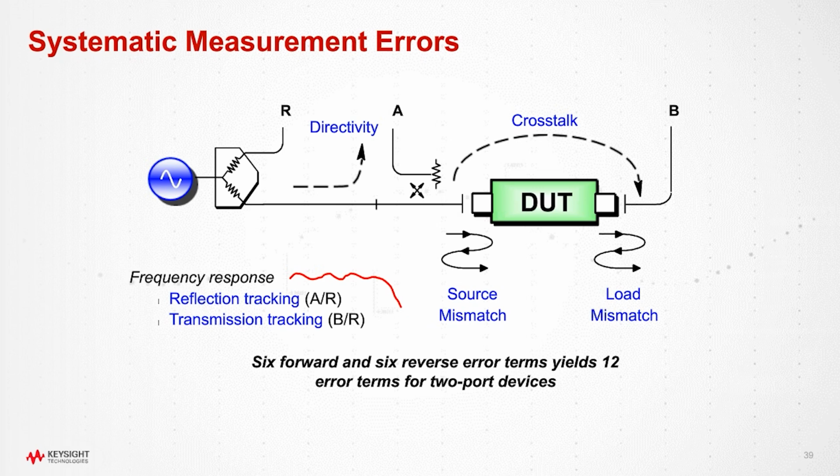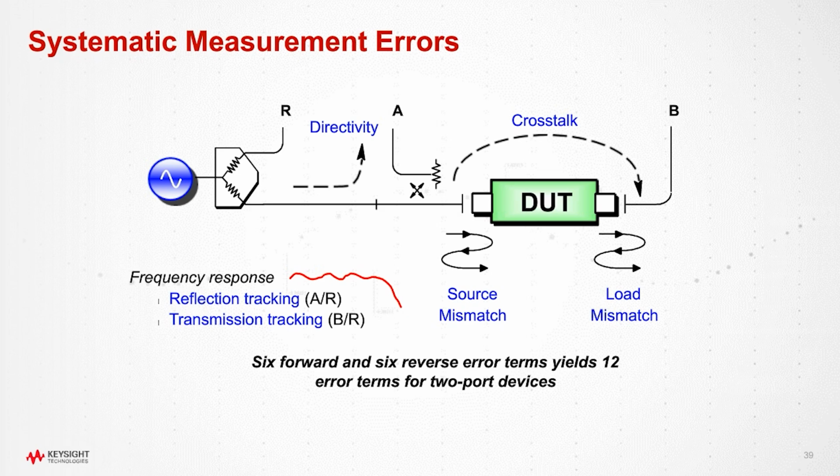And also, if we have a test port that's not perfectly matched to the Z0 impedance, you get some mismatch that can also cause ripple in the measurements. You can get mismatch from the test port or connected to the load. In total, we've got 6 forward and 6 reverse terms, so that's 12 error terms that we need to correct for.